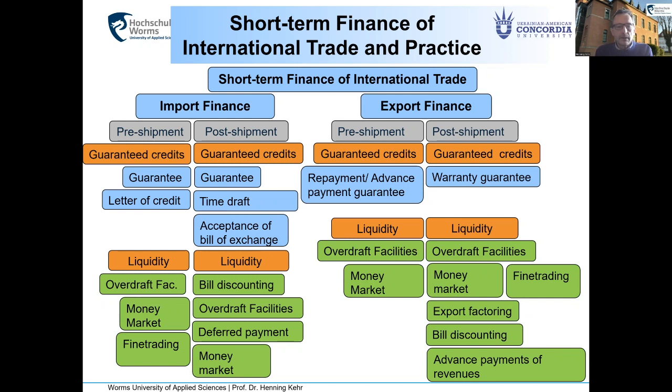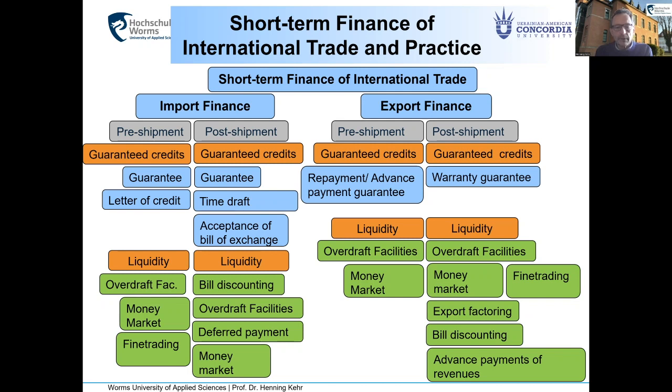And you will find that again in import and export financing. Look for the green one, or a very special one, bill discounting.